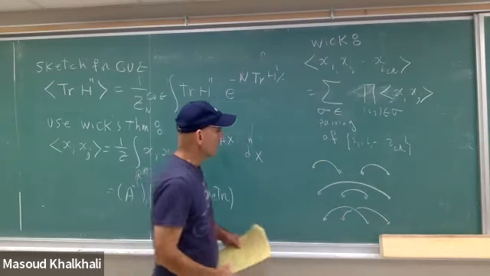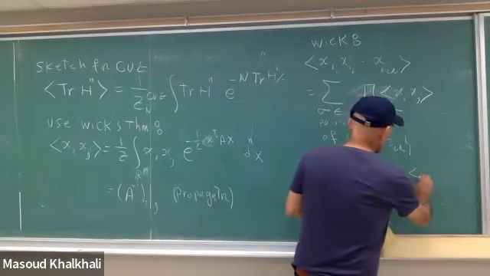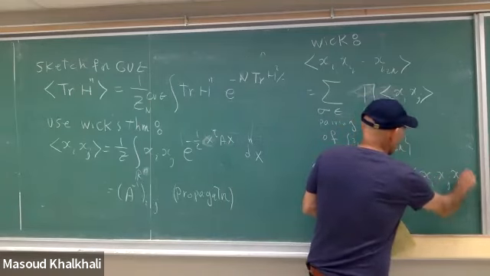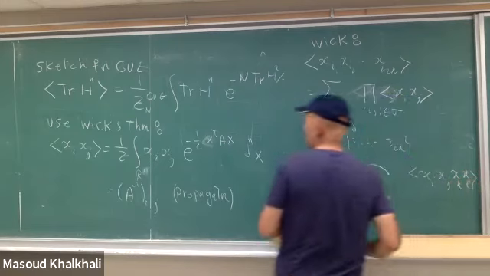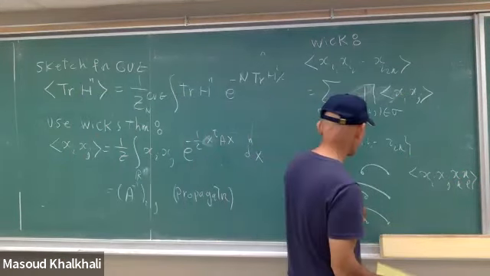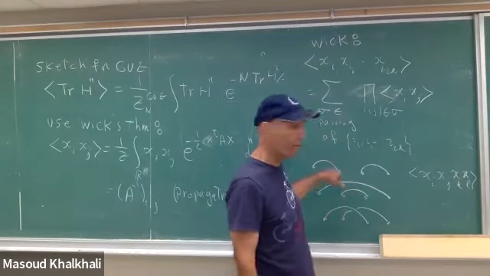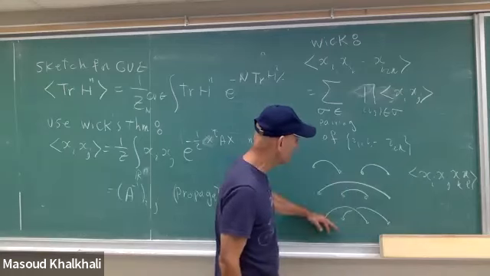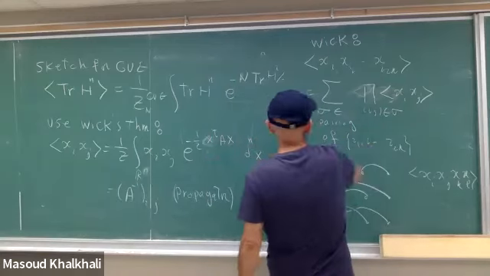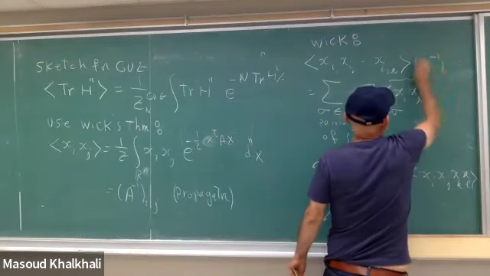So this means that in order to compute, for example, xi, xj, xk, xl, the next case after this, you have a sum over 4 elements, pairings here. And then by that elementary result, this is going to be A inverse ij.